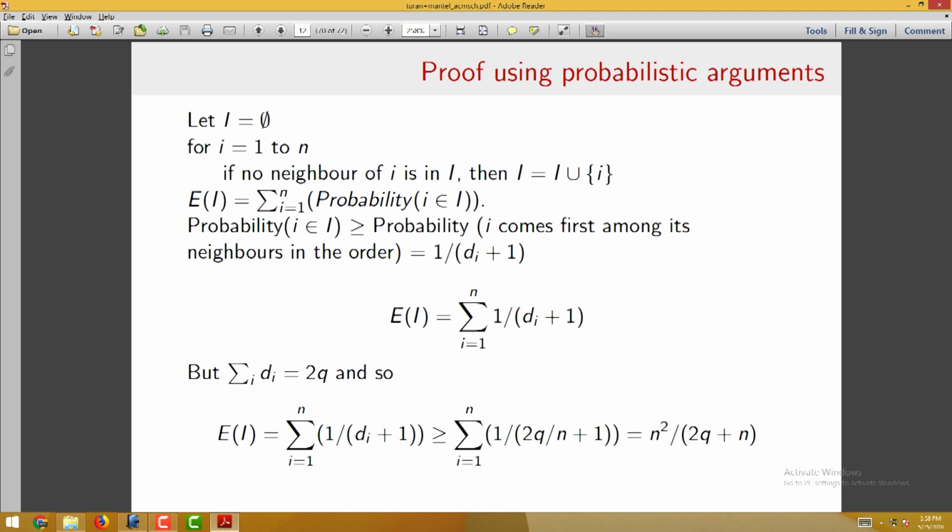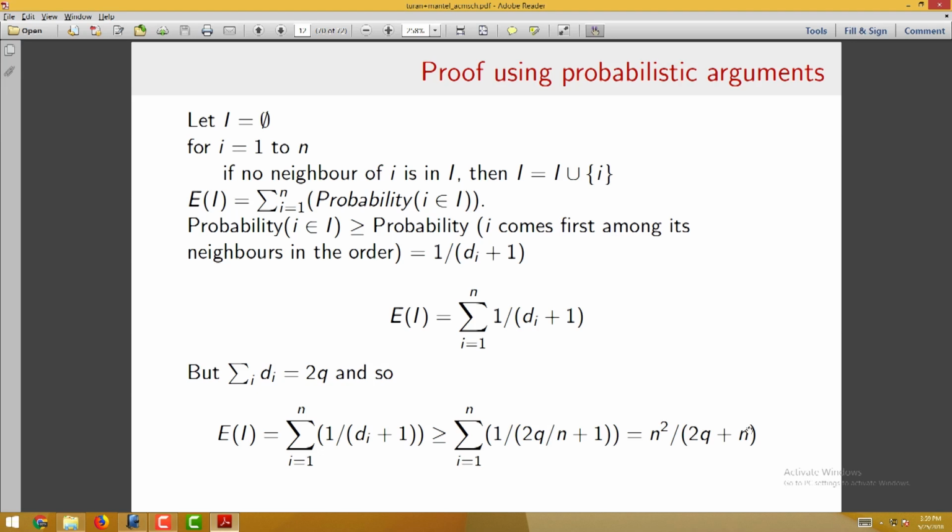We know that summation di is 2q. So, if 2q by n is the average degree, that is when this bound is smallest. So, the expected size of the independent set is at least n times 1 by 2q by n plus 1. If you simplify, it becomes n square by 2q plus n.